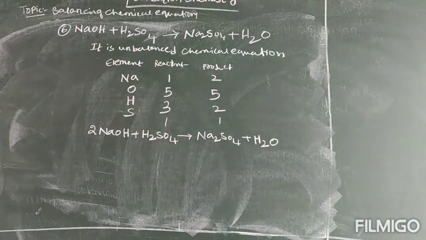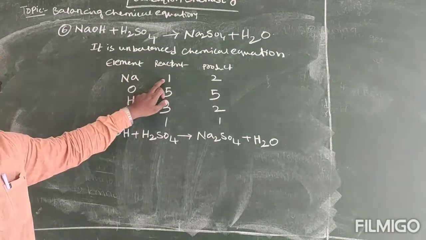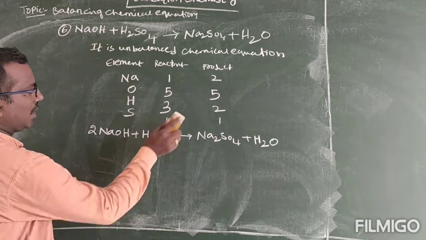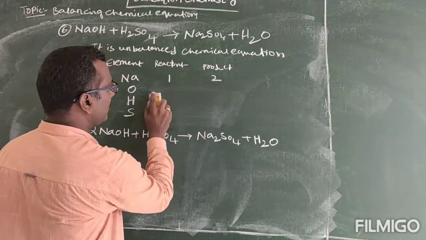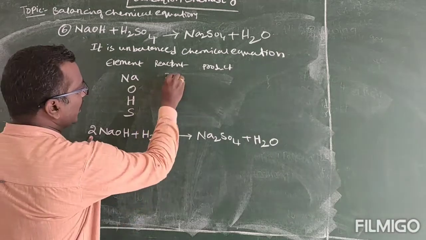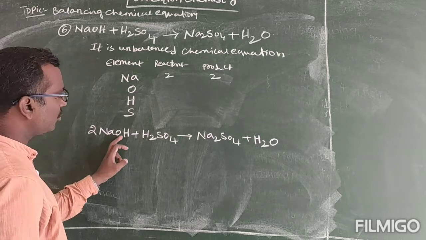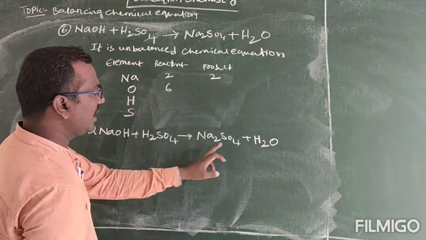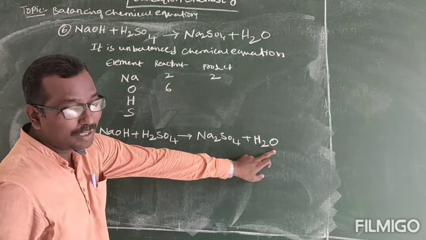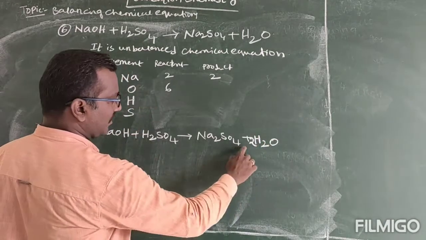First I will write this balanced equation. While here 1 and here 2, let us make it as 2. Now again I have to count the number of reactants and product sides. 2 sodiums, 2 sodiums. Oxygens 2 plus 4, 6. Here 4, only 1 is present. Let us take it as 2 again.